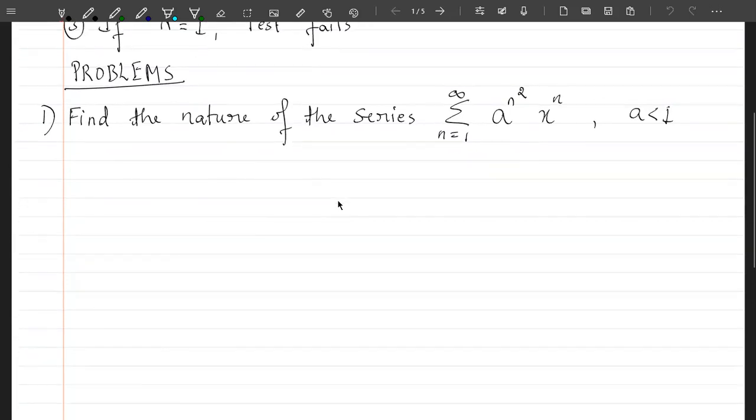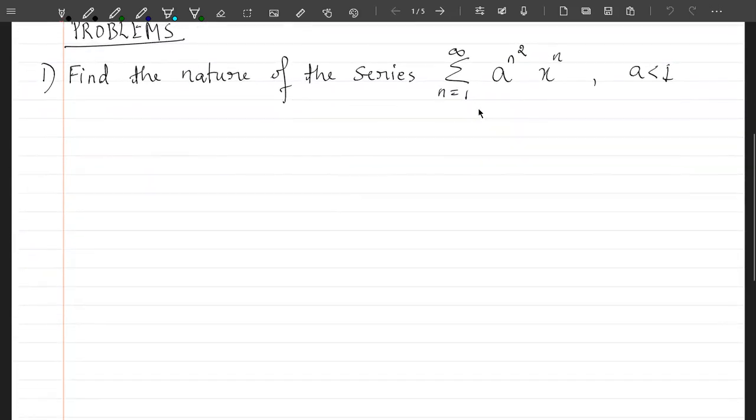Find the nature of the series summation n from 1 to infinity a power n square multiplied with x power n, where the value of a is less than 1. Now in this case, the value of un is equal to a power n square multiplied with x power n.